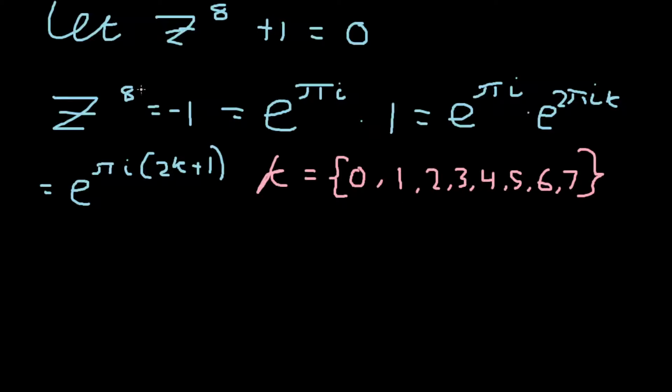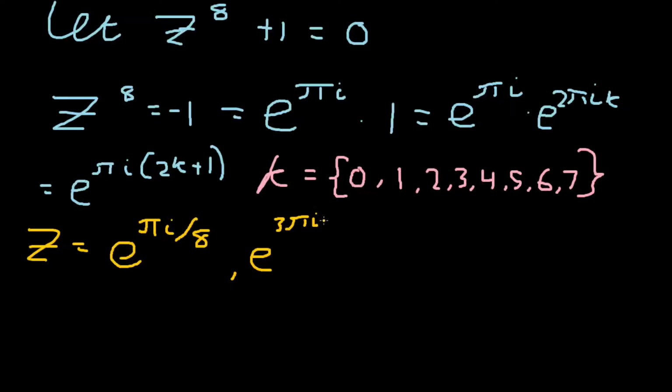So let's take the 8th root of both sides, so we get that z is equal to e to the pi i over 8 times, firstly 0, 1, 2, etc. So let's just write all of them here. e to the 3 pi i over 8, and so on.